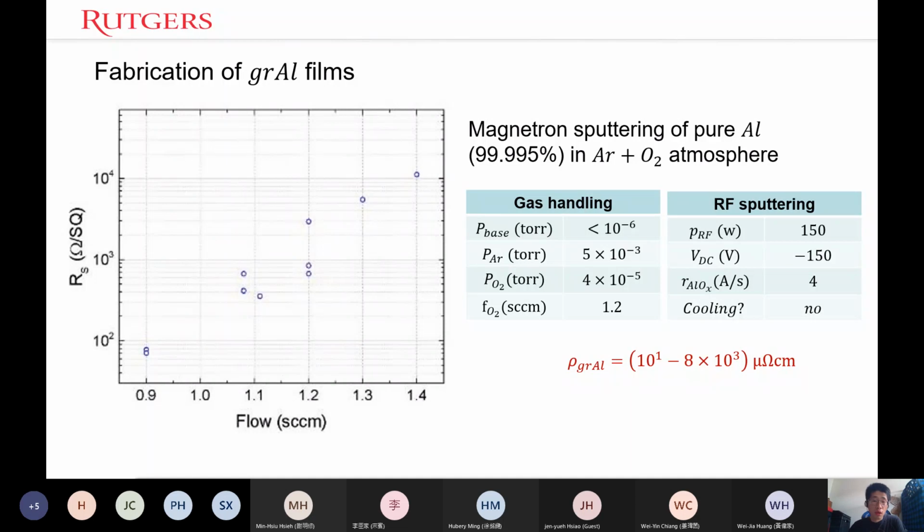Some of the deposition parameters are listed in this table, but I would not bore you with it. These are our control parameters, the regime that we can control with reasonable accuracy, around 10 to 8,000 microohm centimeter.